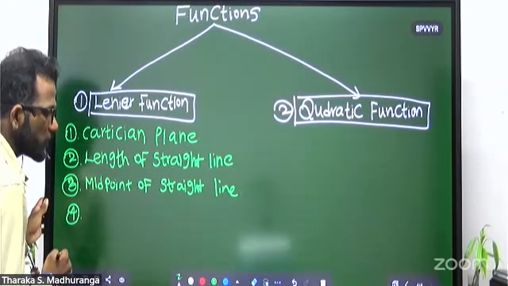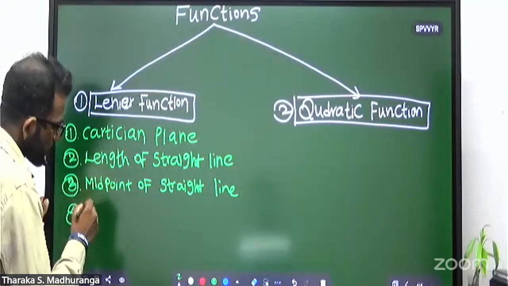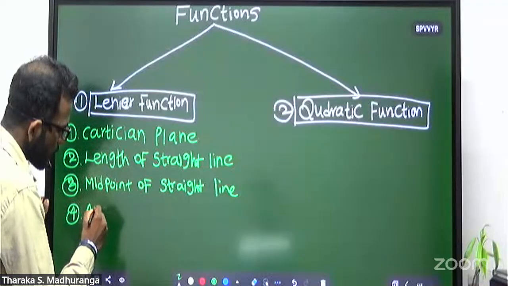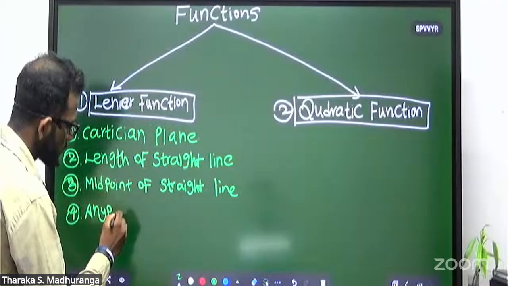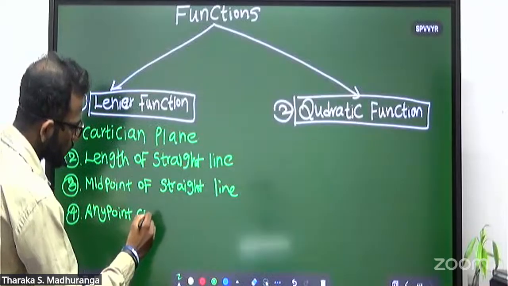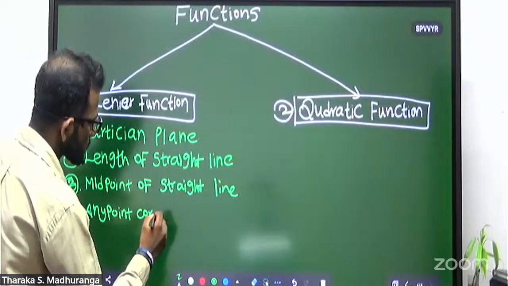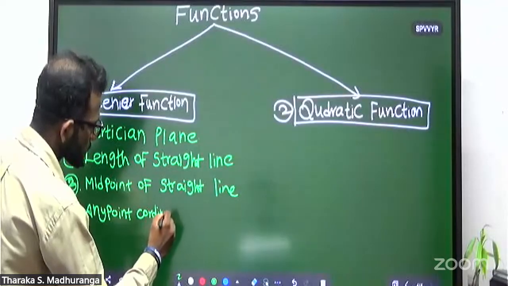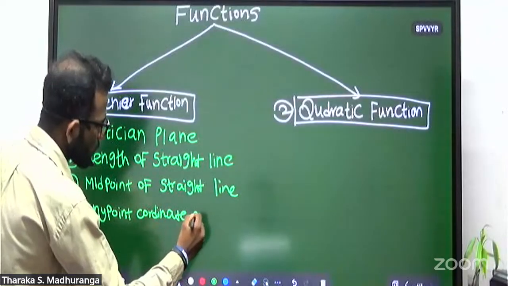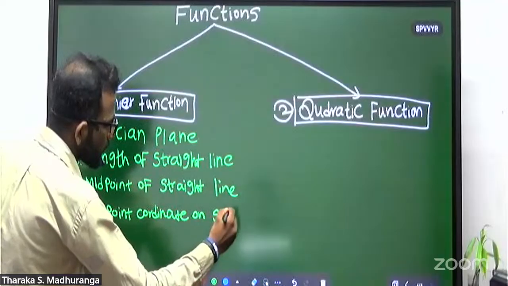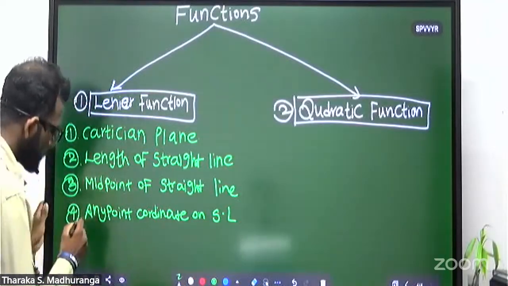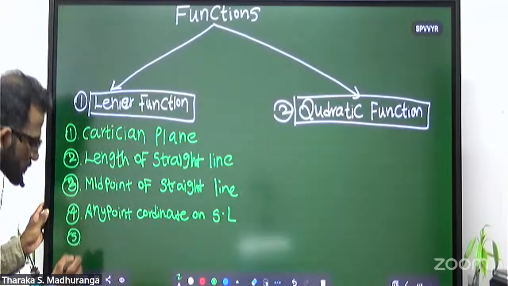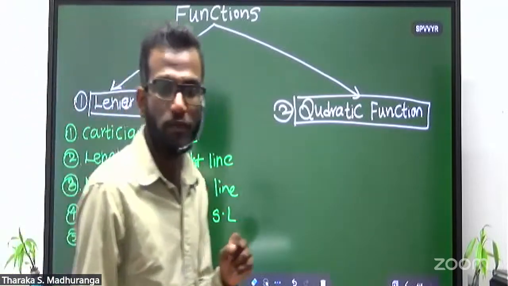The fourth one is any point coordinates on a straight line. Just a summary. The fifth one is the equation of the straight line.